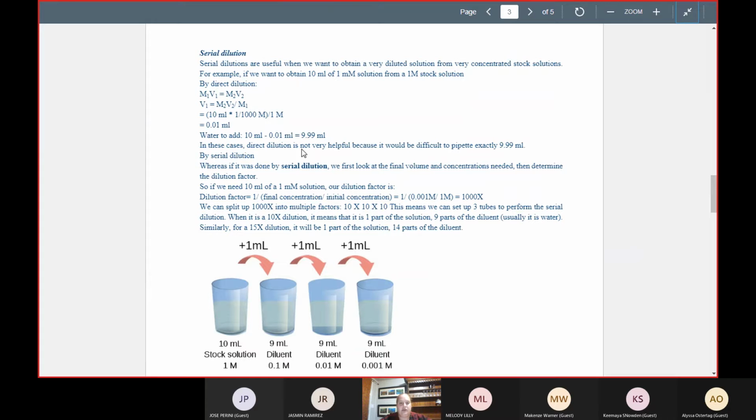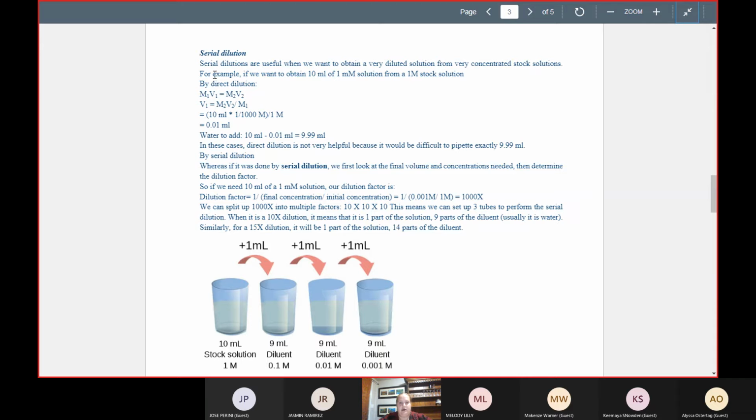So this gets into a little bit of the theory of the serial dilution, and you guys can read through this. M1 V1 equals M2 V2, so mass times volume equals mass times volume.